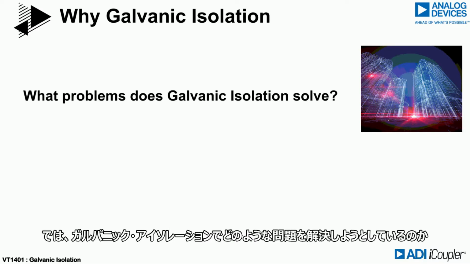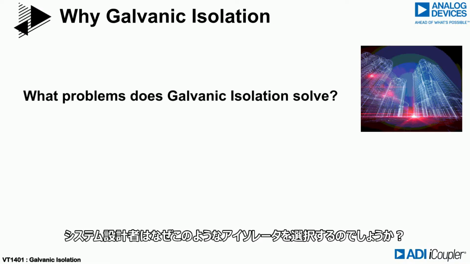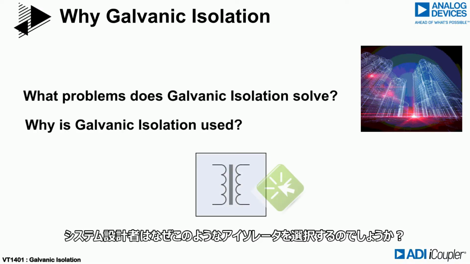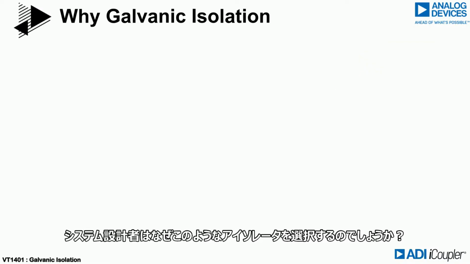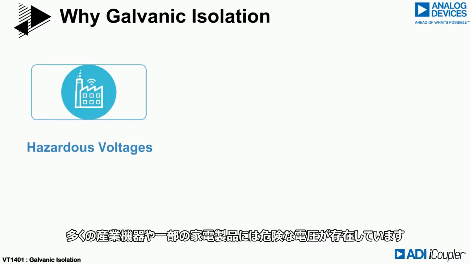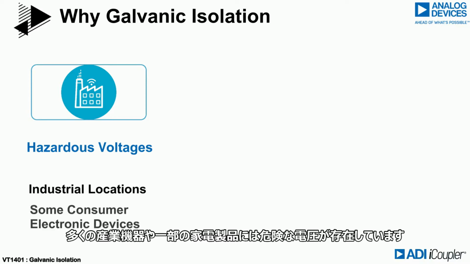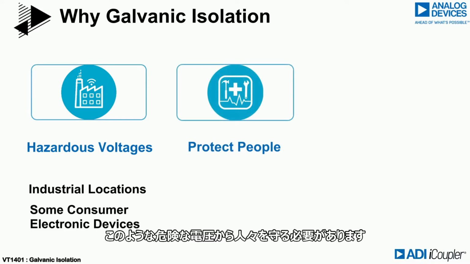So, what problems are we trying to solve with galvanic isolation? Why would a system designer select such an isolator? Hazardous voltages exist in many industrial settings and some consumer electronics devices. People need to be kept safe from these hazardous voltages.